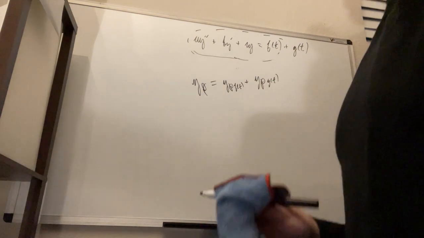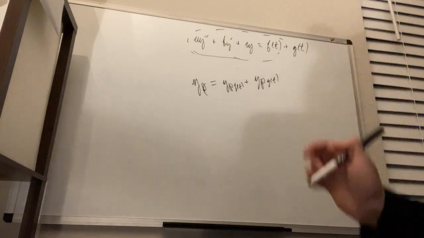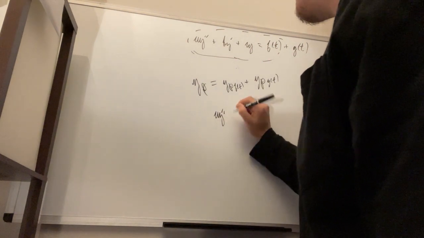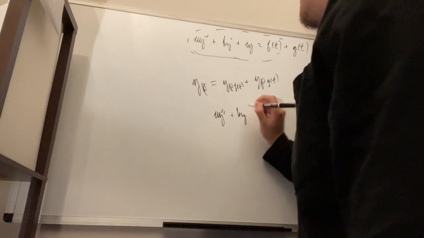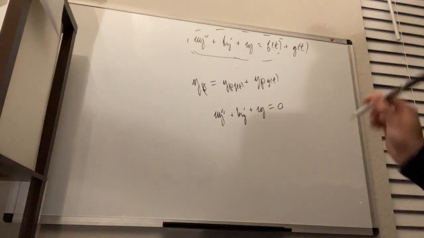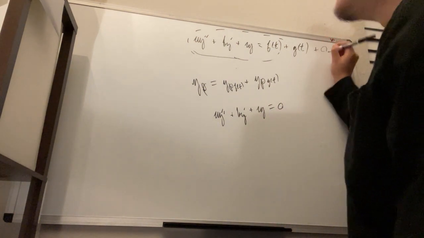Now, if you recall from our first part on solving homogeneous equations, we said that ay double prime plus by prime plus cy is equal to 0. But technically speaking, aren't we actually adding 0 here?